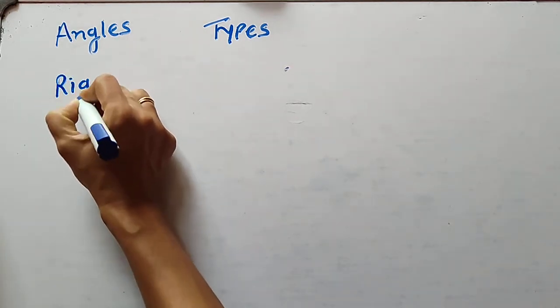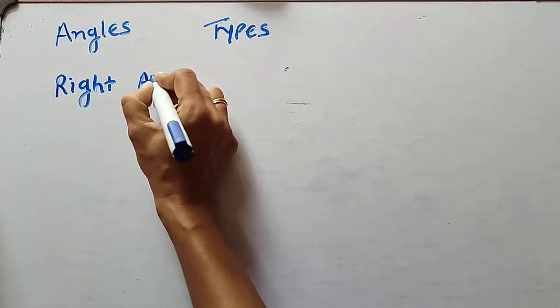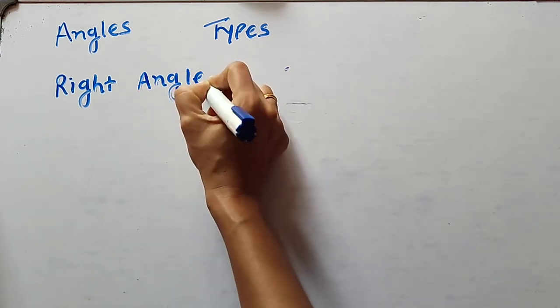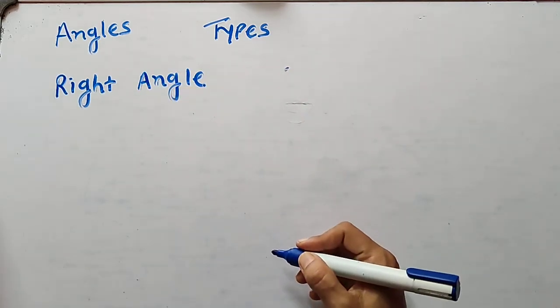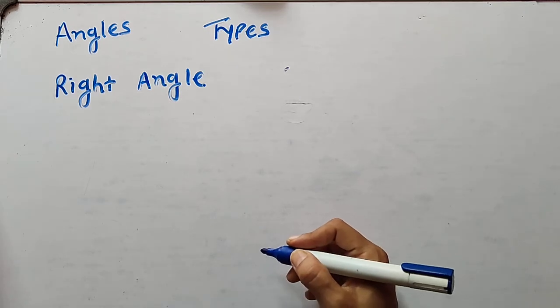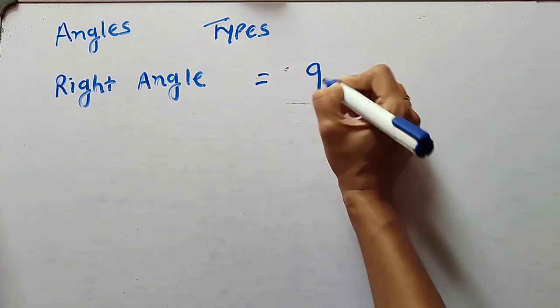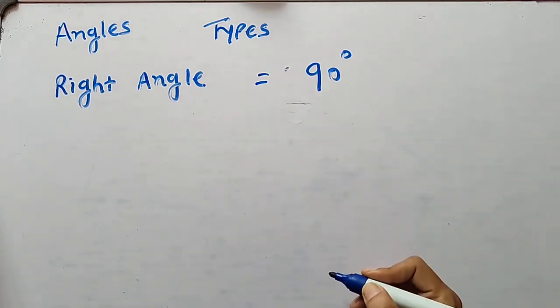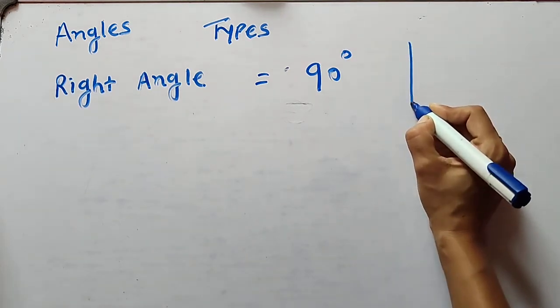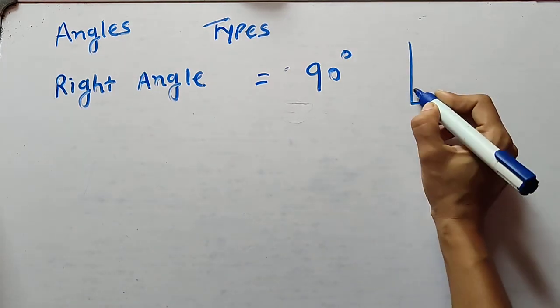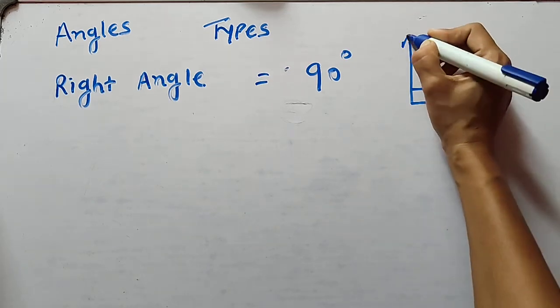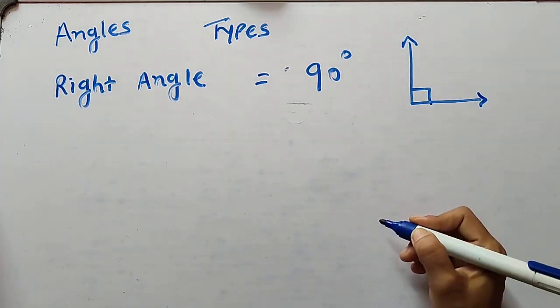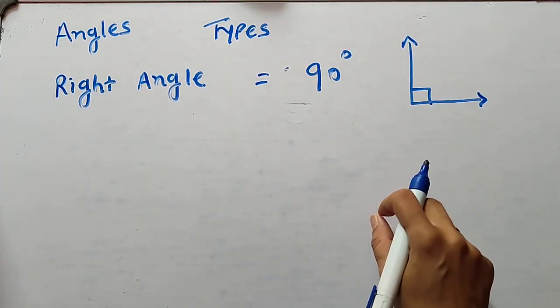A right angle measures exactly 90 degrees. Suppose this is a straight line and this is another straight line; the angle formed is a 90 degree angle.